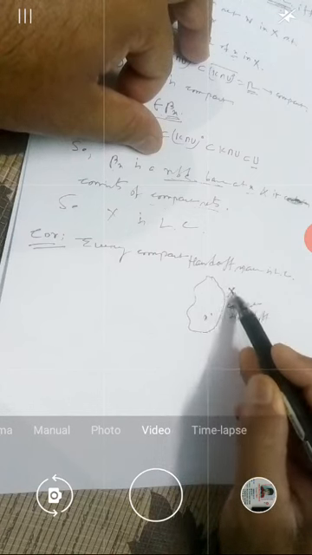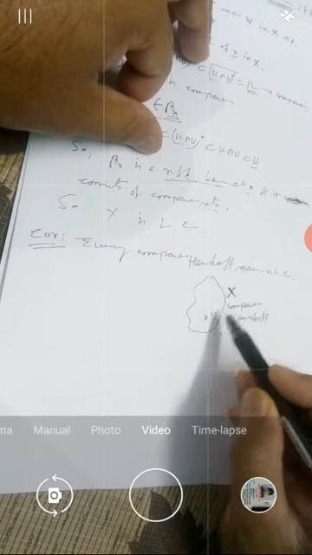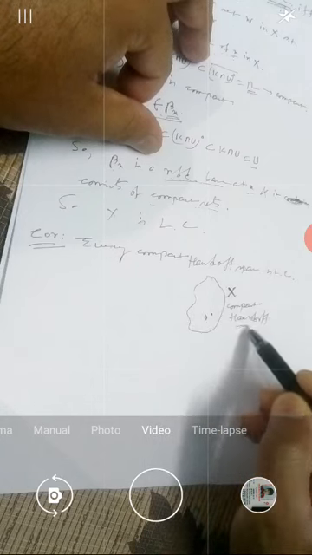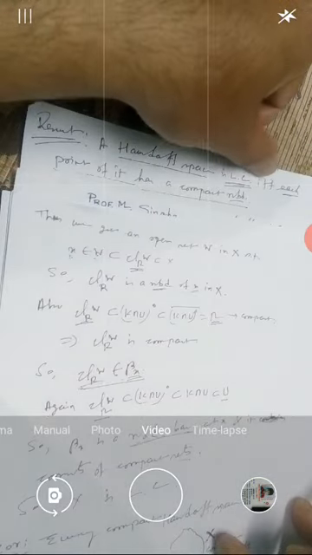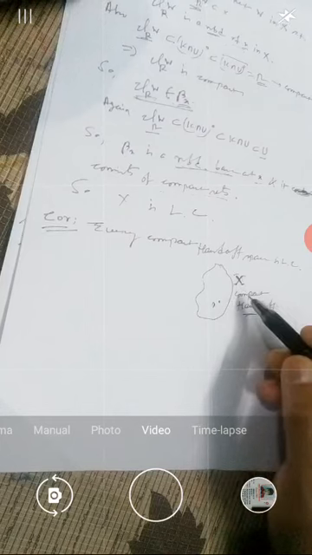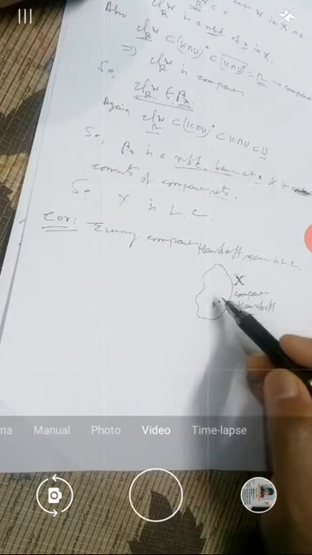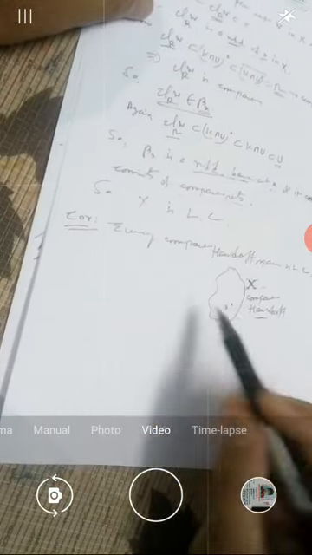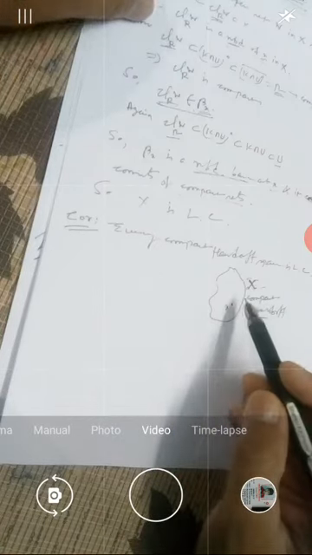So capital X is a compact neighborhood of each of its points, and the space is Hausdorff. So by the result just proved a few minutes back, that a Hausdorff space is locally compact if and only if each point of it has a compact neighborhood, a compact Hausdorff space is locally compact.